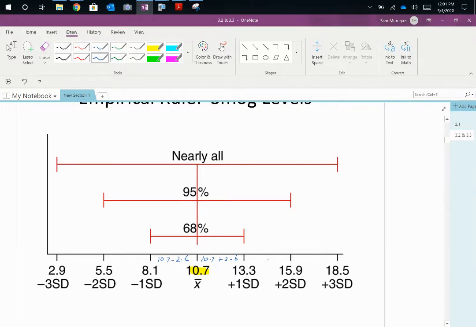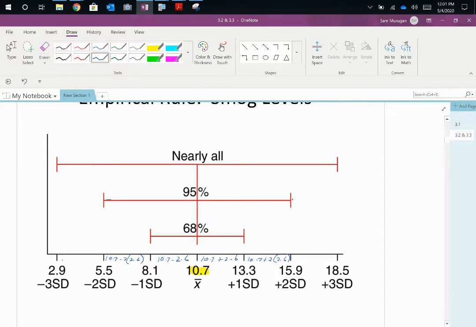And then 2 standard deviations would be 10.7 plus 2 times 2.6, and 10.7 minus 2 times 2.6. That would contain 95% of the data.